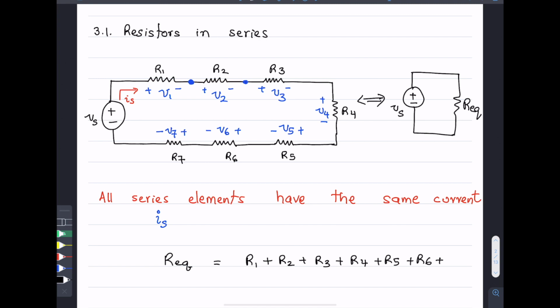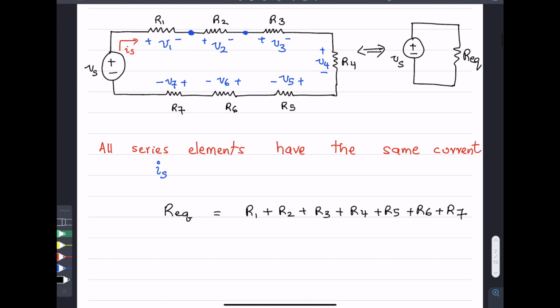If you have n resistances in series, then the equivalent resistance is going to be the sum of all the resistances from 1 to n. So that is the equivalent resistance in series.